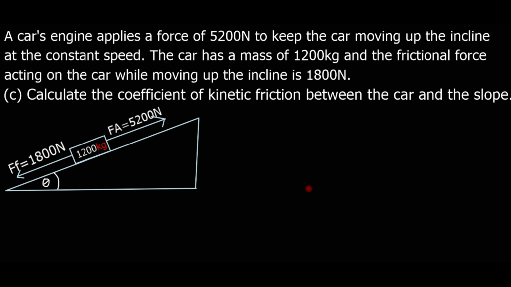Part C e re calculate the coefficient of kinetic friction between the car and the slope. Ke tlo shumisha this formula ya friction because e na le coefficient of friction, but ga re ne normal force re la gore re tlo find a normal force, but remember normal force e lekana le mg cos theta.